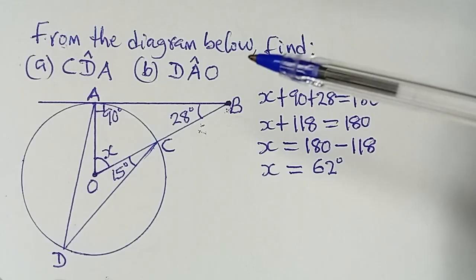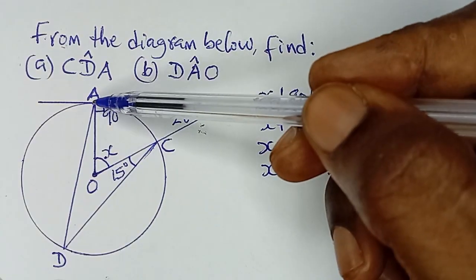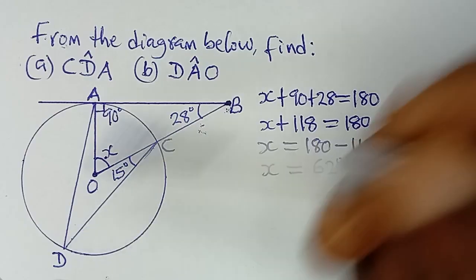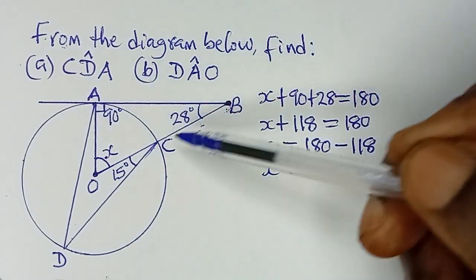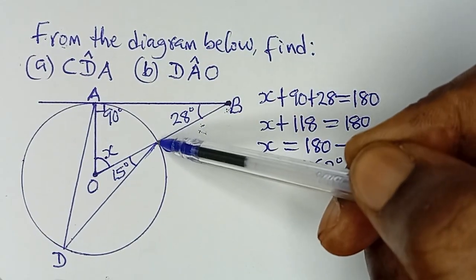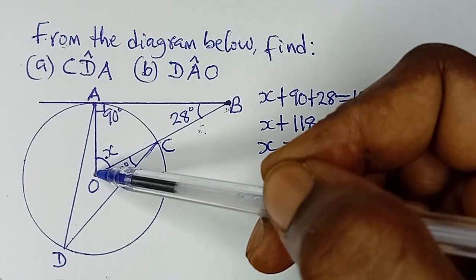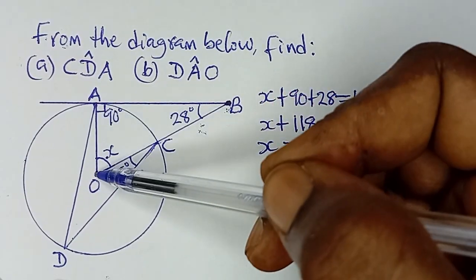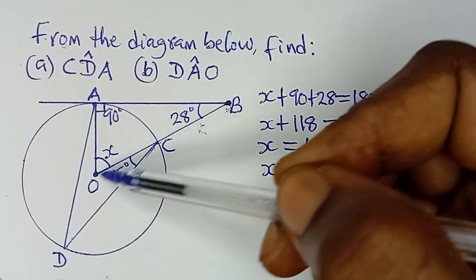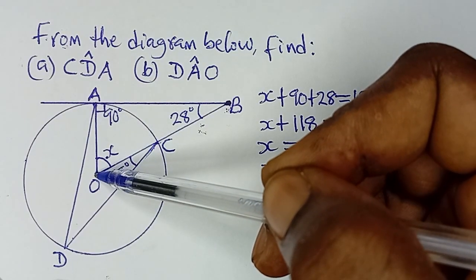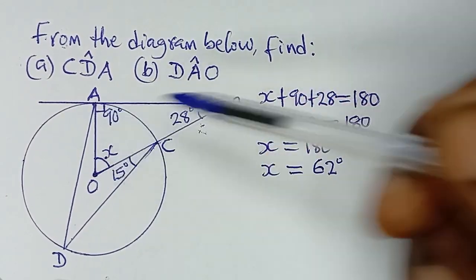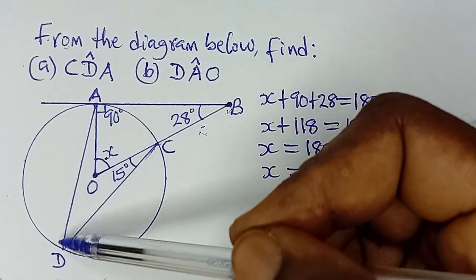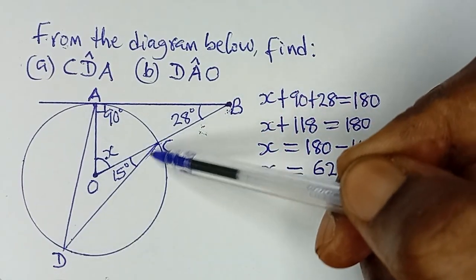Now, don't forget the theorem that says that an angle at the center is twice that at the circumference. If you look at points A and C, you have two lines going to the center of the circle, that is A to the center O is a line, C to the center O is a line. And from the same points A and C, you have two lines going to the circumference of the circle.